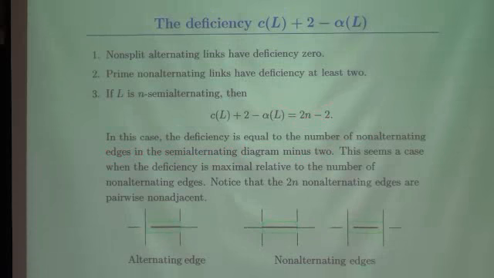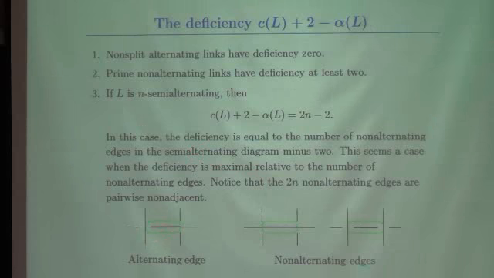So it's just 2 less than the number of non-alternating edges. And this seems a case when the deficiency is maximal relative to the number of non-alternating edges. And notice that the 2n non-alternating edges are pairwise non-adjacent. They are spread, they are all apart.